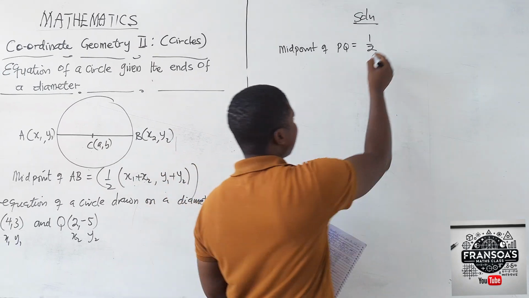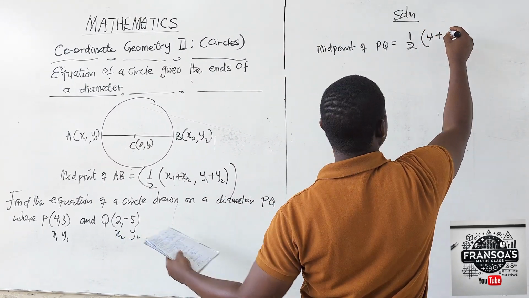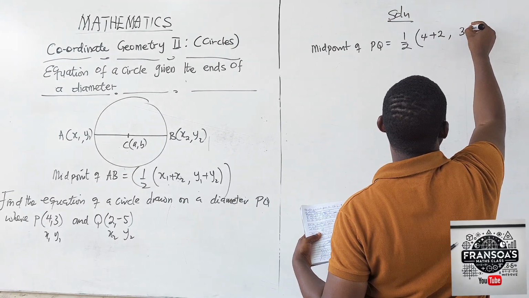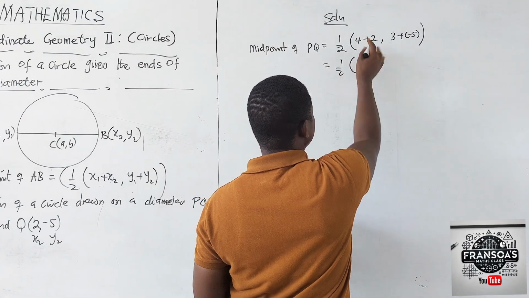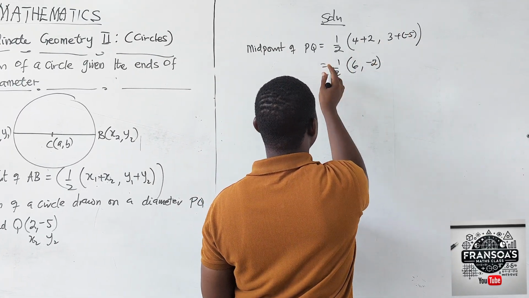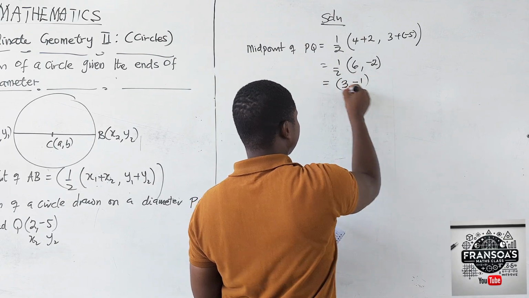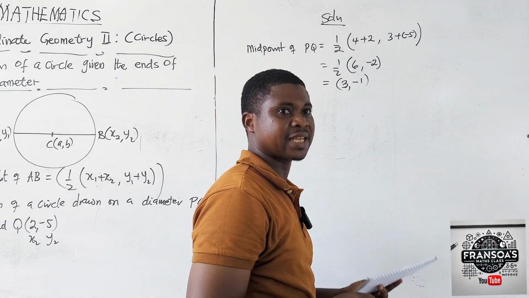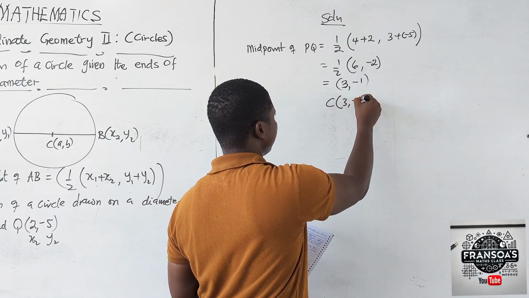So half of x1, which is 4, plus x2, which is 2, then y1 is 3 plus -5. Half of this one gives us 6, and this one gives us -2. So the midpoint is (3, -1). This is our midpoint, and the midpoint here becomes the center C (3, -1).